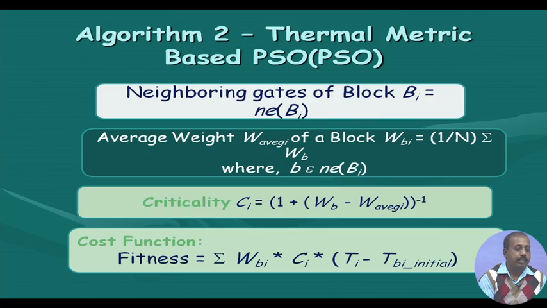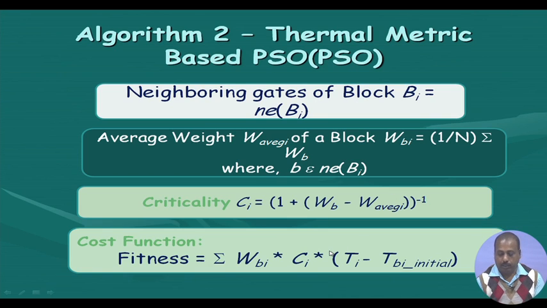Those weights are added, summed up, and we take the average. So, WBi is the average weight of a block. Once we have found the average weight of a block, criticality is defined as (1 + WB minus W average i) to the power minus 1.